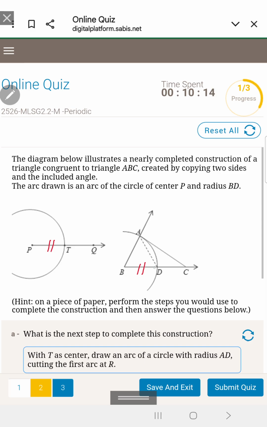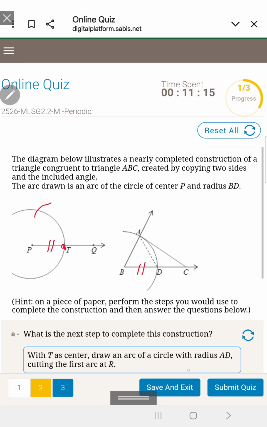Now, what we have to do is to construct a length equal to AB and a length equal to AC. Now we open our compasses with radius AD and we put it at T here. Then we draw an arc by the compasses like this.